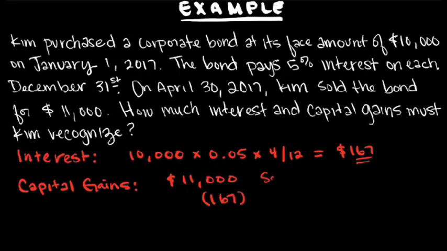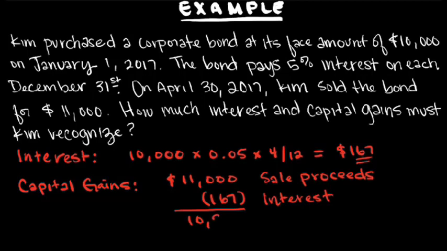So sale proceeds and interest. Because she's already being taxed on the interest, and the interest was a part of the corporate bond, we now reduce that and we are given an amount of $10,833.